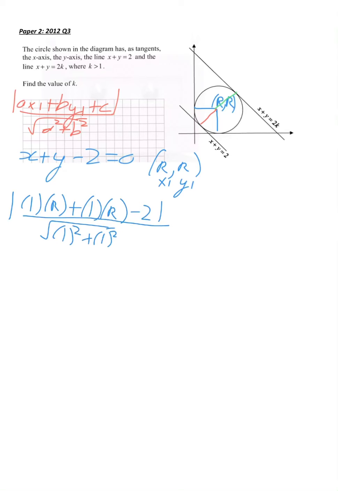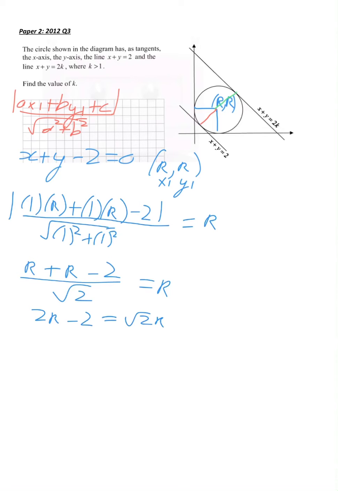And this now is going to equal the radius, so again is equal to r. Okay, simplifying this now, I'm going to have r plus r minus 2 all over root 2 is equal to r. So then 2r minus 2 is equal to root 2 r.